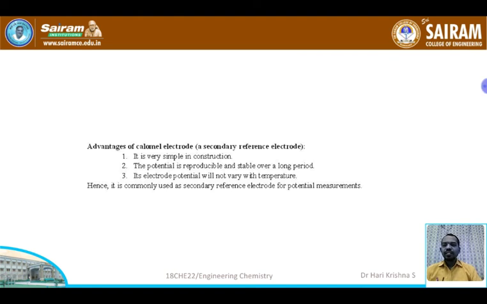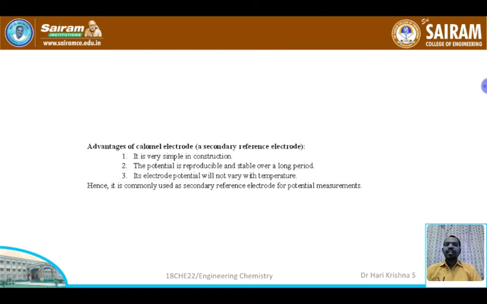Now let us see the advantages of the Calomel electrode, a secondary reference electrode in general. It is very simple in construction. The potential is reproducible and stable over a long period.